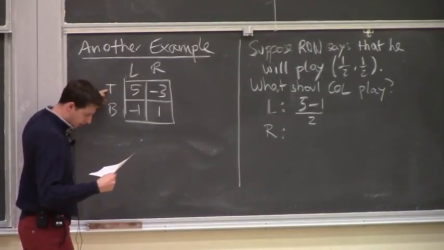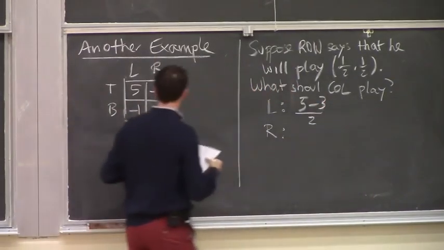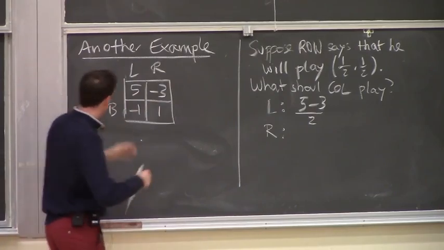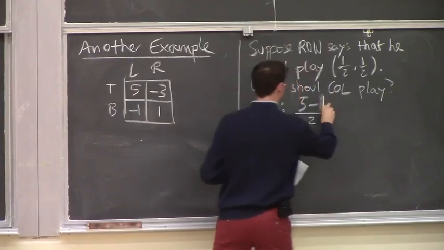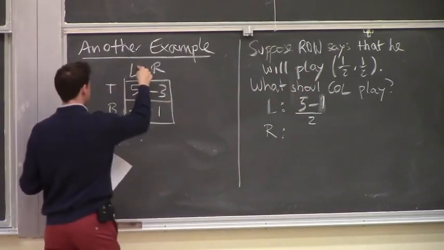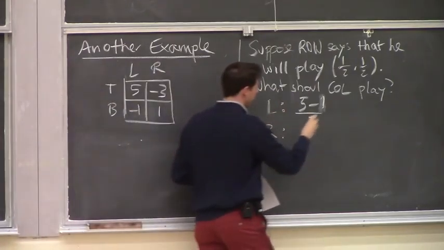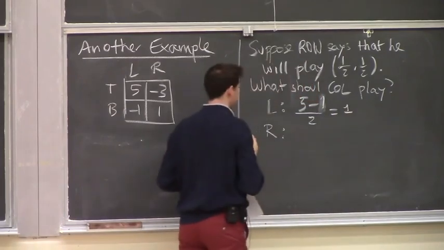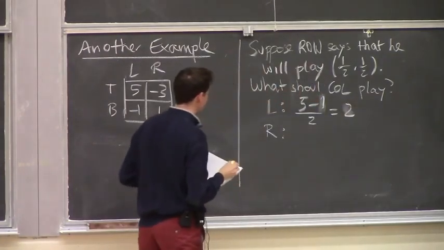Is it 5 minus 1? 5 minus 3, sorry. He finds himself here with half probability. What am I doing? Sorry. I had a minus. OK, good. So he chooses this one, and then half probability will be here and half here. So we have 5 minus 1, we have 4 over 2, and this gives you 2, sorry. OK, sorry about that.